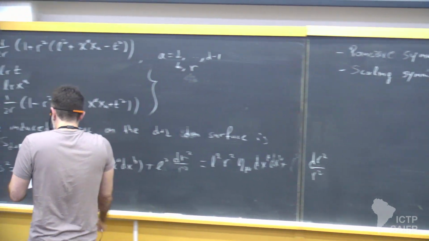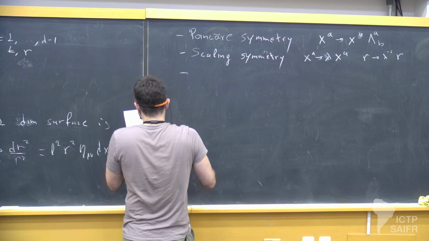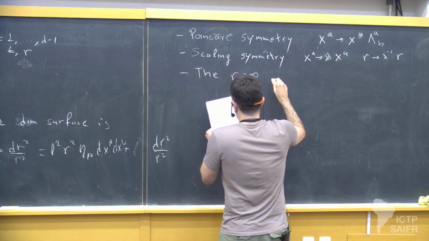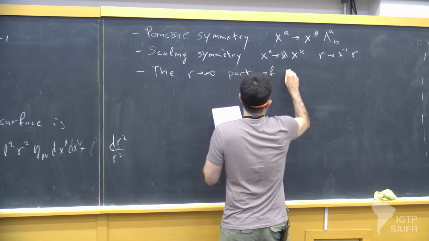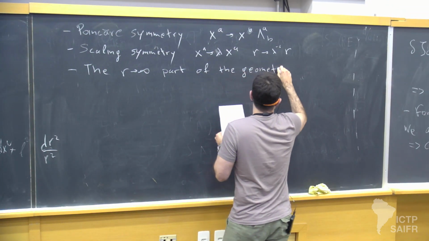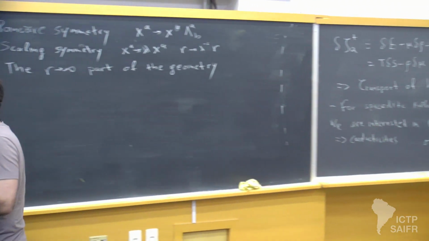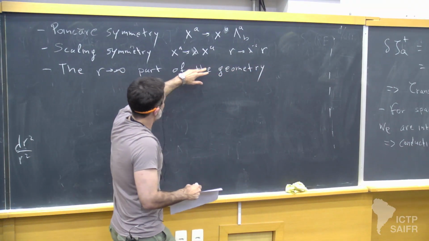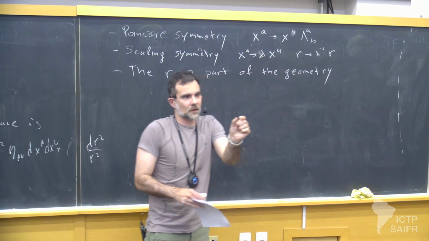Okay, now from this way that things transform, you can probably tell, roughly speaking, that the R goes to infinity part of the geometry corresponds to small distances, right? So if I want to go to large R, it's equivalent to taking lambda small, but taking lambda small is like taking small x.